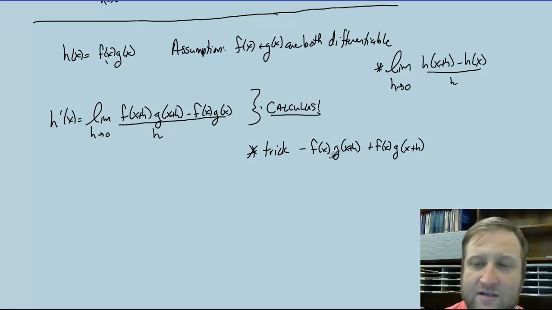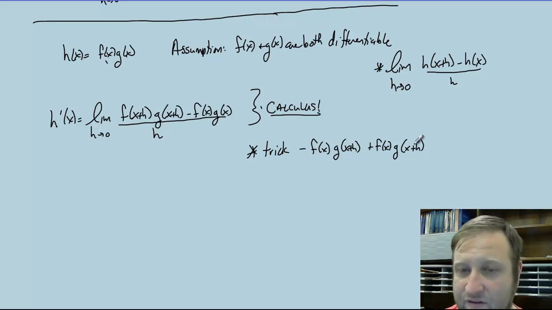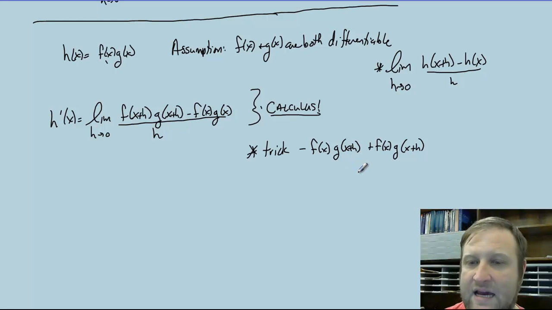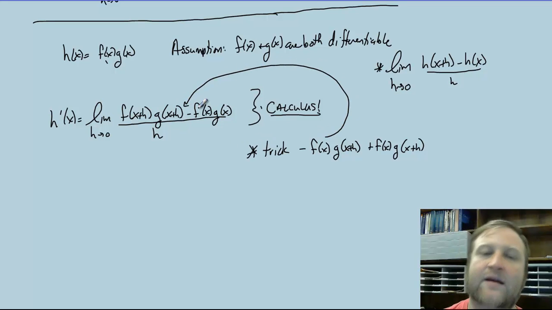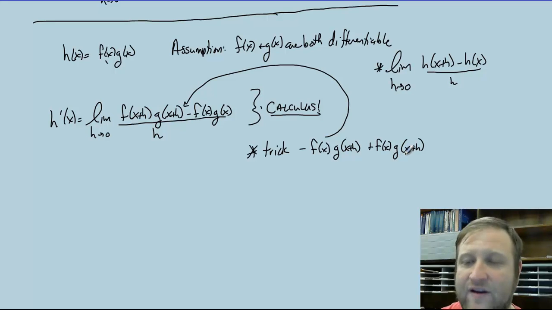We're going to do this little trick here and see how this goes. So right after this function, we are going to subtract out f of x, g of x plus h, and then add in f of x times g of x plus h.